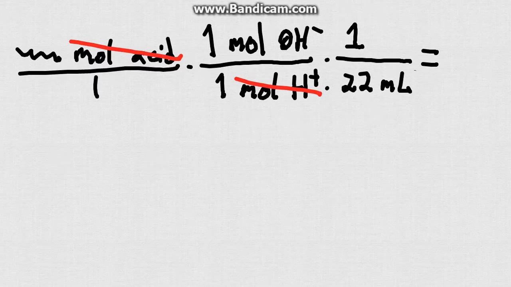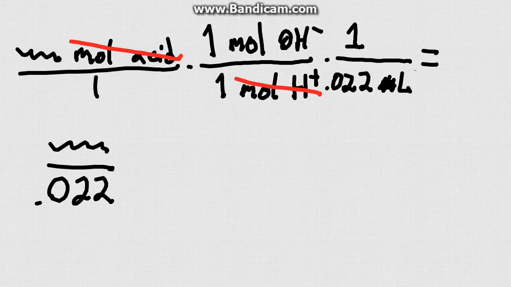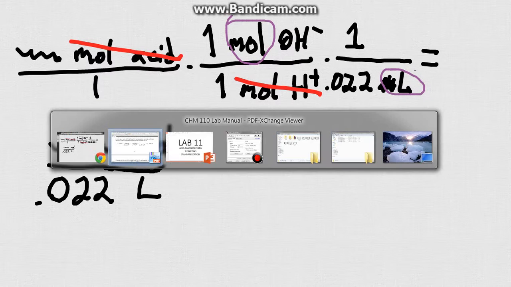Don't forget to then convert this to liters, so we would just go 0.022 and take off this m. So that's how many liters we used, and this will give us the concentration of our now standardized solution. So whatever it was before divided by 0.022, and that will be in units of, well, we've got our moles right here and we've got our liters right here, so our units are going to be in moles per liter.